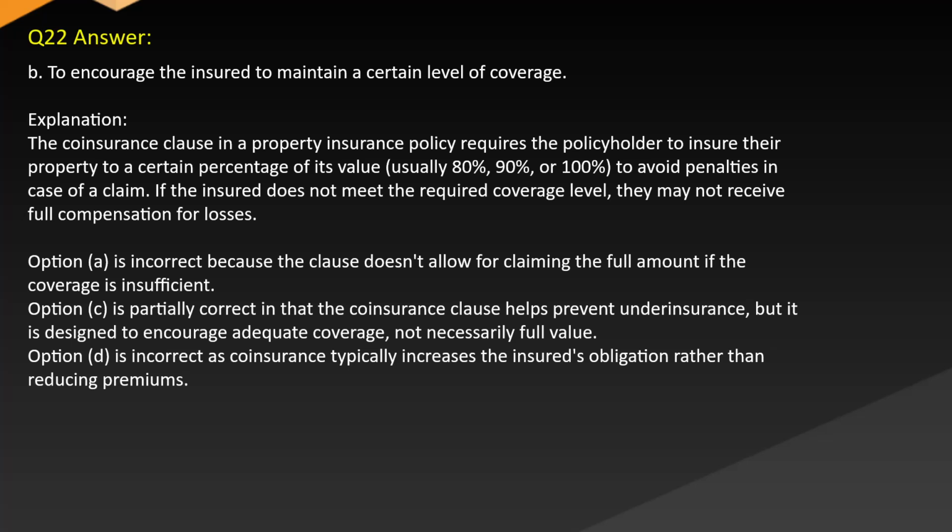Option A is incorrect because the clause doesn't allow for claiming the full amount if the coverage is insufficient. Option C is partially correct in that the coinsurance clause helps prevent underinsurance, but it is designed to encourage adequate coverage, not necessarily full value. Option D is incorrect as coinsurance typically increases the insured's obligation rather than reducing premiums.